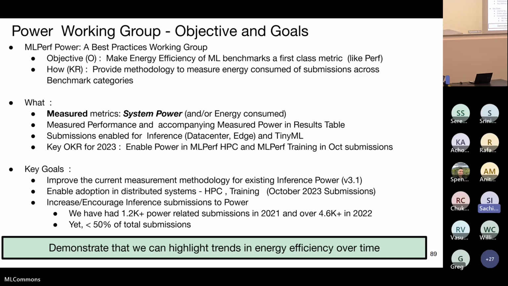This time I just have 3 or 4 minutes, but hopefully in the next community meeting we can get a few more minutes and talk a little bit more about how we went about doing the disaggregated methodology. We're well on target, and as Ritika and Andrea talked on behalf of the training and HPC working groups, we have worked well enough that we're confident to deliver power in October 2023 submissions.